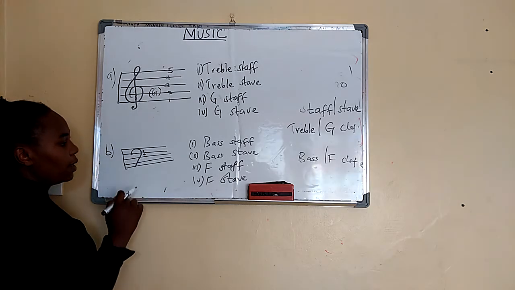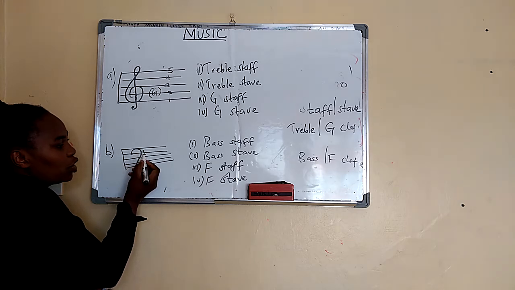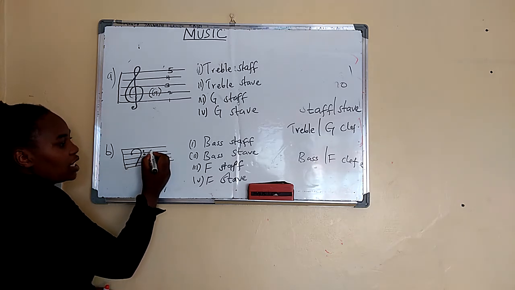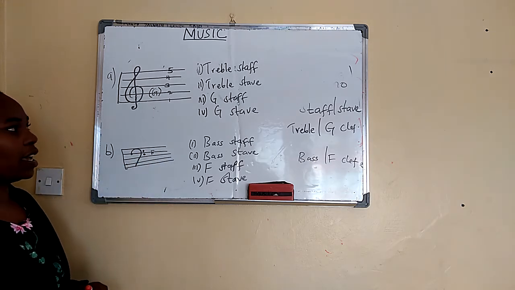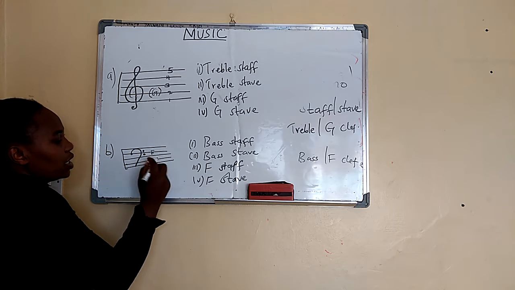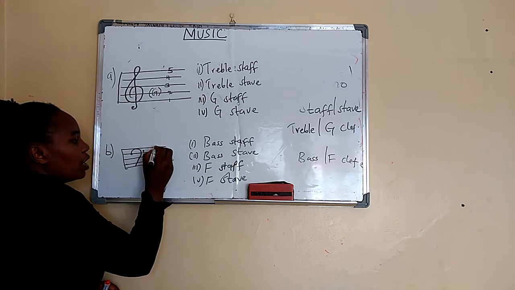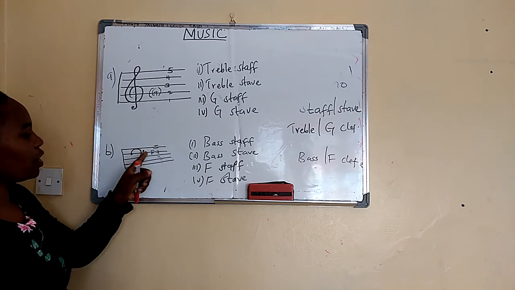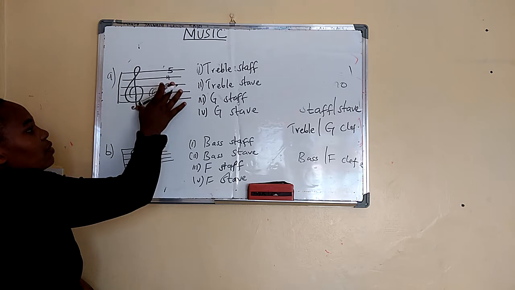When you come here, in between these 2 dots, they fix letter F. So this is F. This is line 1, line 2, line 3, line 4, line 5. So F is fixed on the 4th line, while G is fixed on the 2nd line.